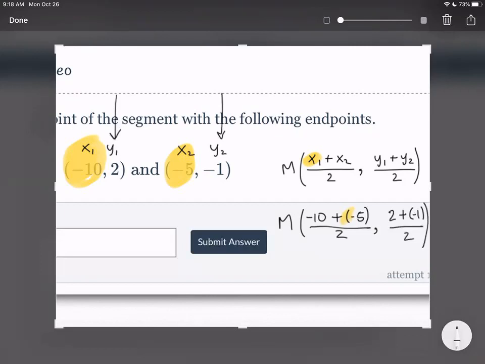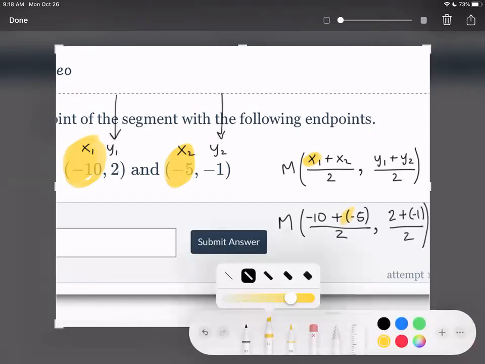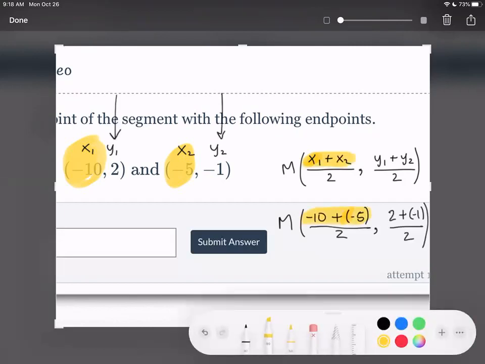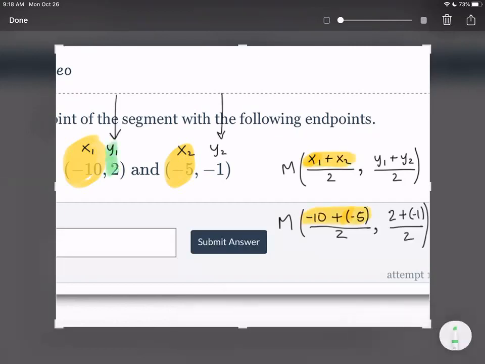All right, so now I'm going to highlight them as you guys write it out. So we have our x1 plus x2 was these yellow numbers, our x values. And our y values were over here and over here. So we added them together. Hopefully you can see what happened there.